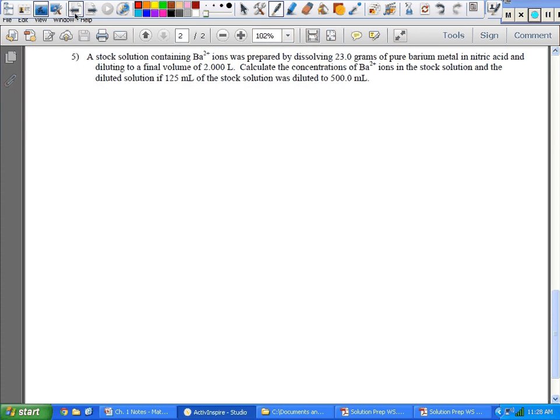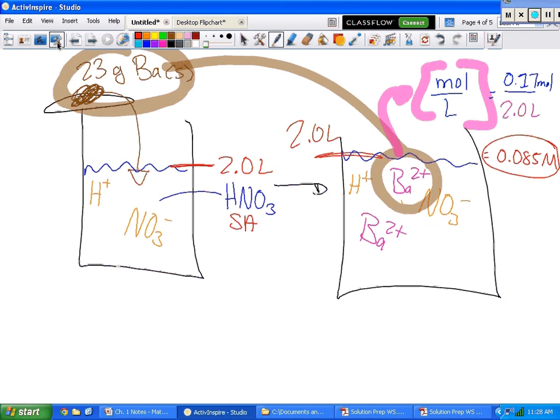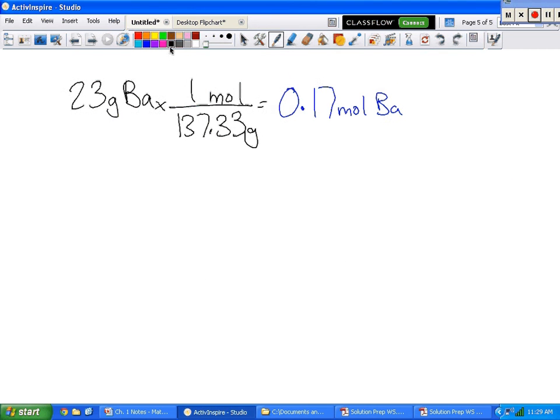Okay? Alright, so then it tells us, so we've calculated the concentration of the barium ions, and calculate the concentration of barium ions in the stock solution and in a diluted solution. So now we're going to dilute it. If the diluted solution, if the 125 milliliters of the stock solution was diluted to 500. So they've used the word stock and dilute. So what's our formula? Okay. All right. So we've got MSVS equals MDVD. Now notice what the question's asking you for.